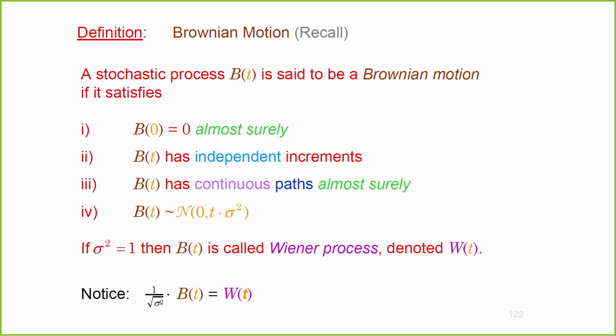You can also call it the standardized Brownian motion, by the way. That's pretty much it. One of the properties that we looked at was the quadratic variation, as well as the absolute or total variation, which we're not going to recall now. So we're going to move on a little bit.